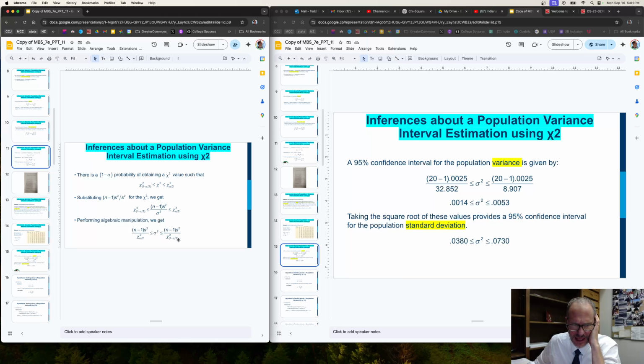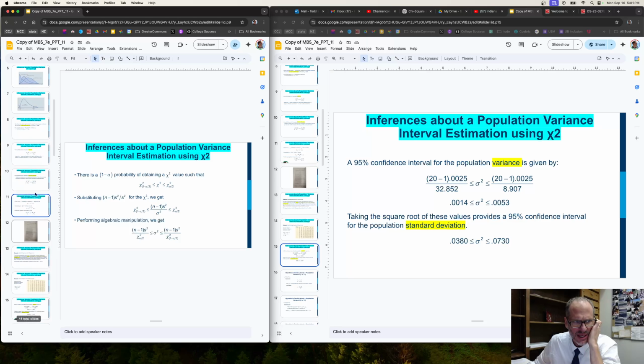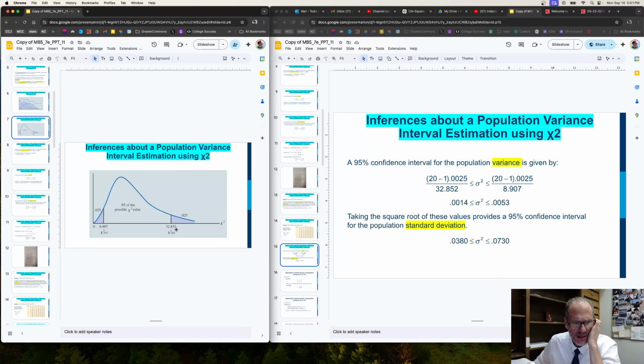Quite frankly, I look at that and I'm not sure how you get to that. Like, what is 1 minus 0.025, is 97... but it's really alpha divided by 2. So your alpha is 5%, so you've got 2.5% in each tail. This is going to be the upper 2.5%, so that's going to be your alpha 0.025. You can see it right there. And this is going to be your lower 2.5%.